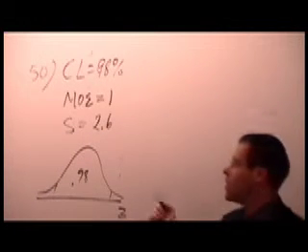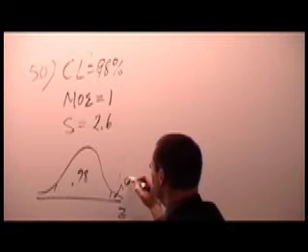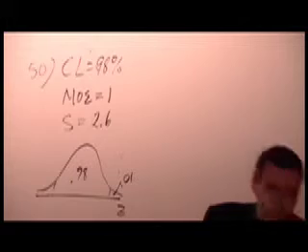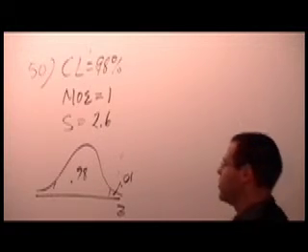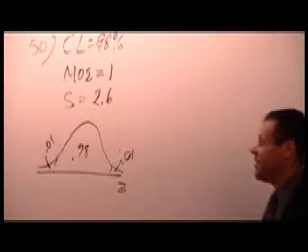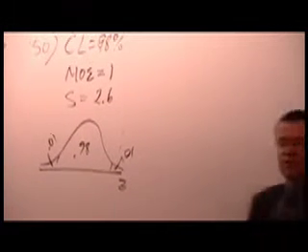The way to do this is to recognize that the right-hand tail has to be 0.01, follow that all the way down, and you'll get a z of... 0.1 or 0.2? Right, and what is z?